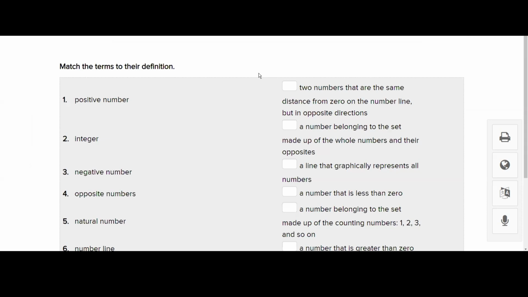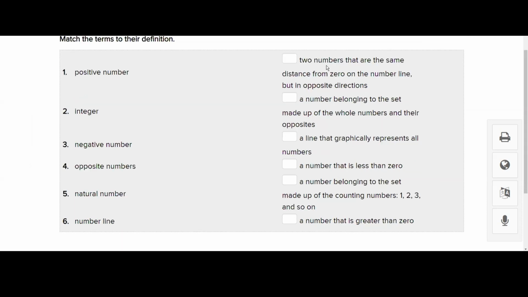Two numbers that are the same distance from 0 are called opposite numbers. A number belonging to the set made up of all numbers and their opposites is an integer. A line that graphically represents all numbers is a number line.